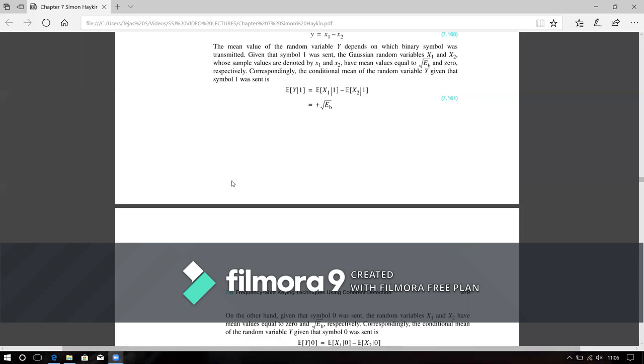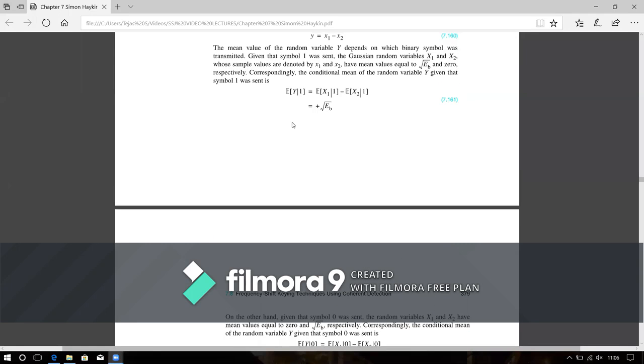Let us assume that symbol 1 was transmitted. The correlator outputs x1 and x2 have mean values equal to root of Eb and 0.